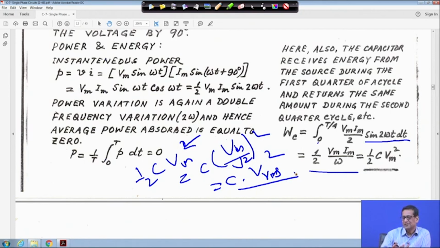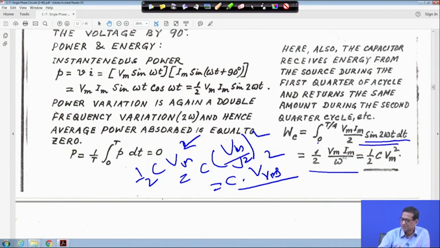So, this is a purely capacitive circuit. What we have learned is that for a purely resistive circuit, power absorbed is V into I. In a purely inductive circuit, average power absorbed is 0. Similarly for a capacitive circuit. But the energy in the pure inductive circuit is half L I m square, and for the capacitive one, it is half C V m square.